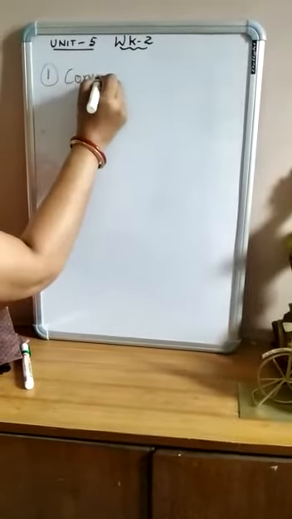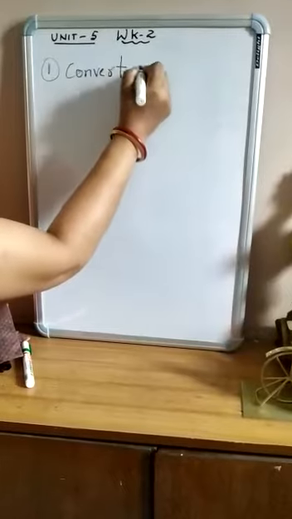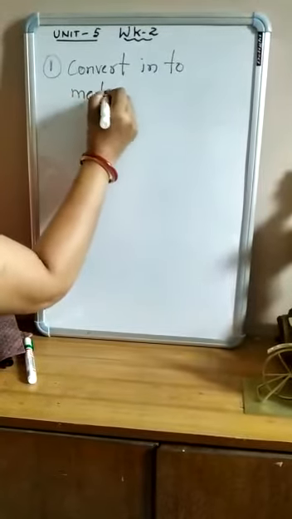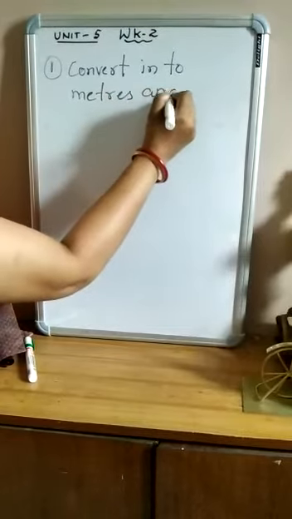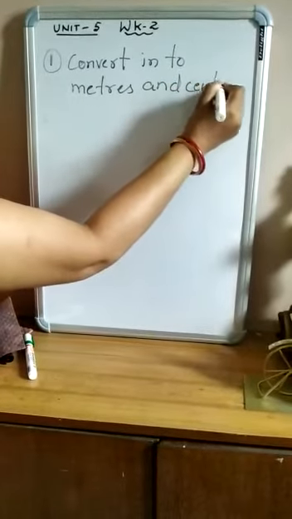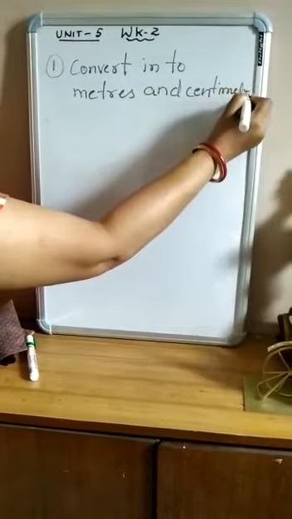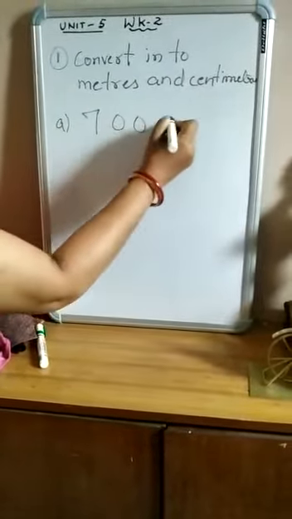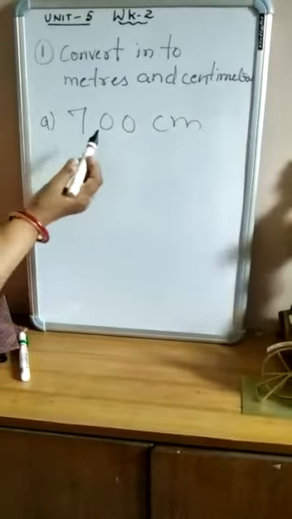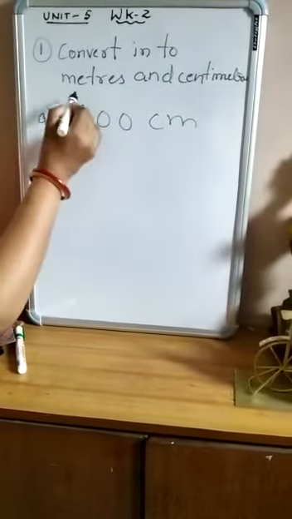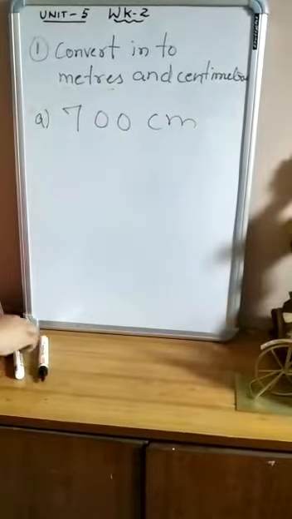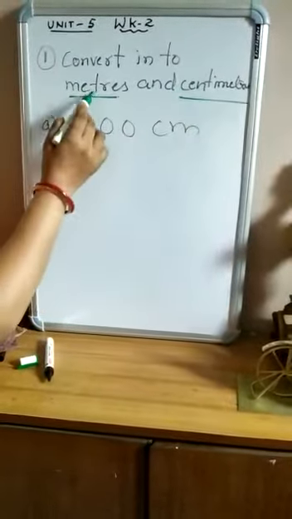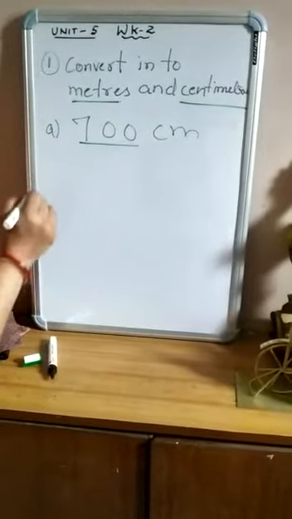Convert into meters and centimeters, right? So A, 700 centimeter. So I have to convert this 700 centimeter into meter and centimeter, right?